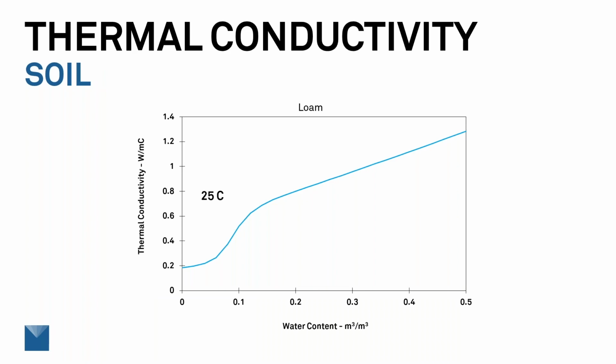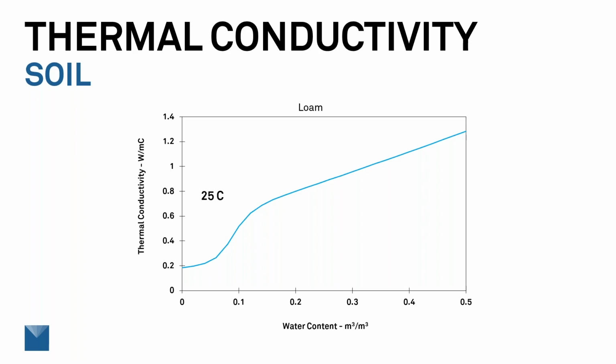The soil material between the rock typically has a dry density around half that of the rock, and the thermal conductivity varies almost an order of magnitude from dry to wet. Here's a typical relationship between thermal conductivity and water content, with dry soil having a conductivity less than 0.2 watts per meter Kelvin and a saturated thermal conductivity of 1.2 or greater.